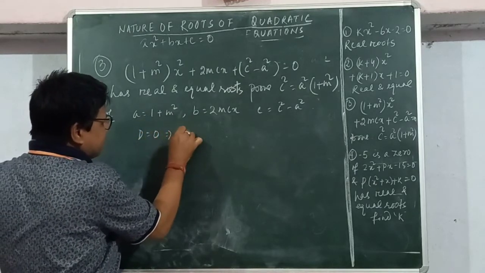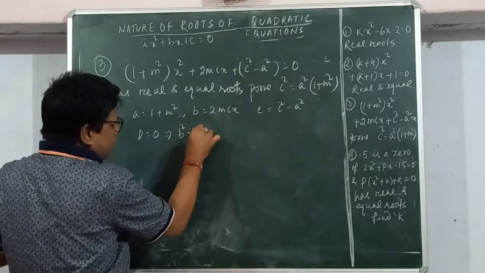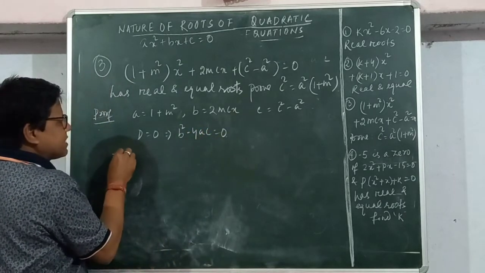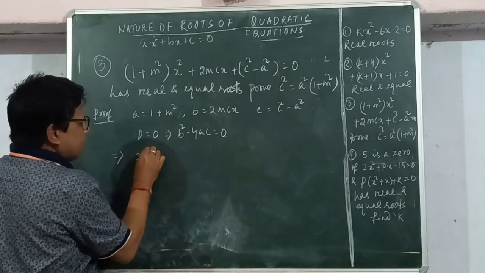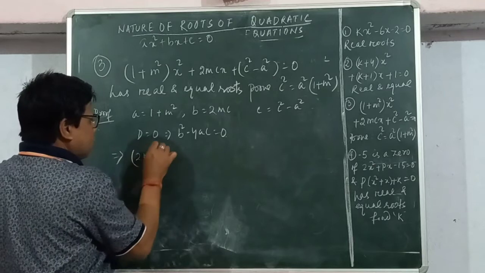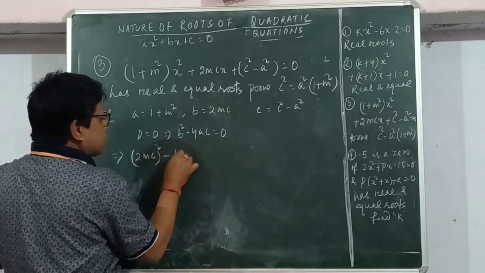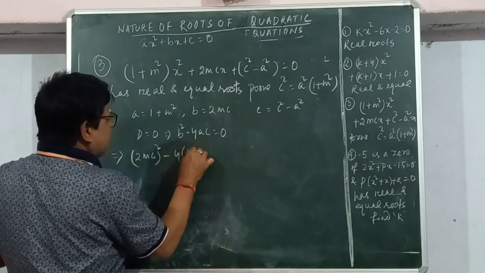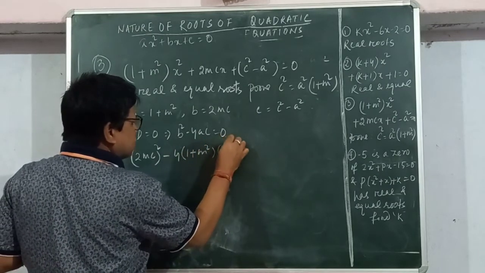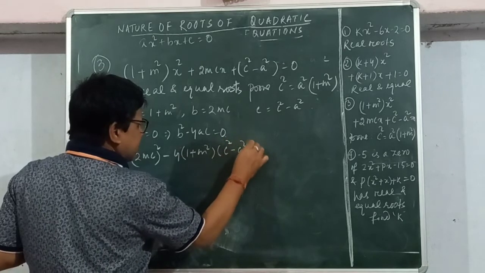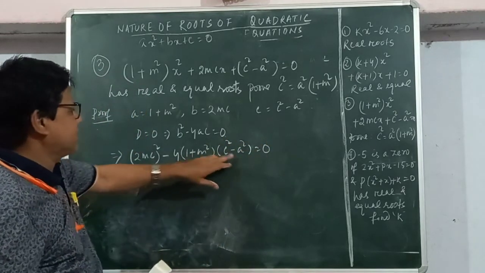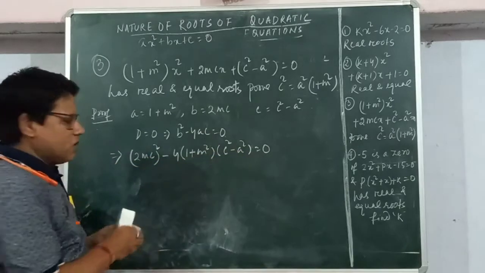Implies that b square minus 4ac is equal to 0. Implies that (2mc) whole square minus 4 into (1 plus m square) into (c square minus a square) is equal to 0.